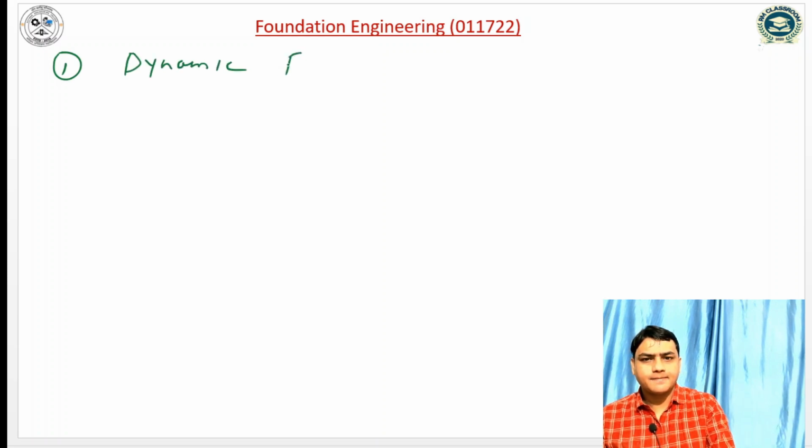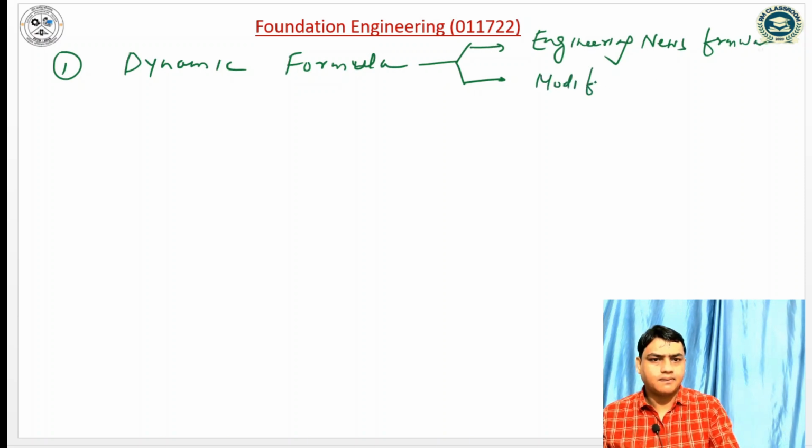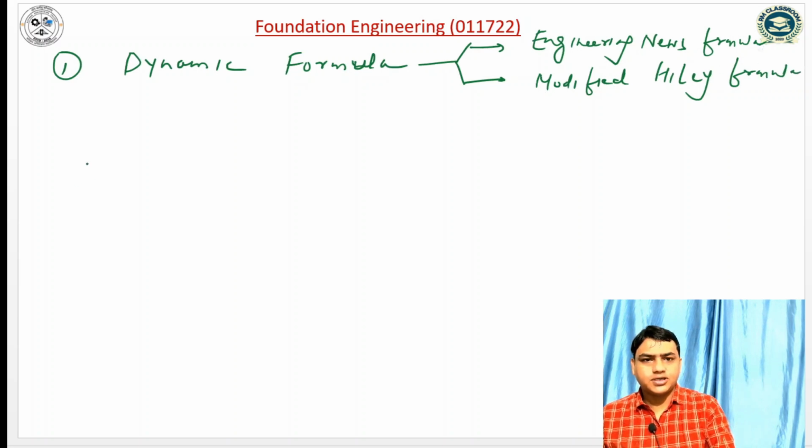In dynamic formula I will discuss two methods: the Engineering News formula and the modified Hiley formula. Firstly, I will discuss the Engineering News formula.